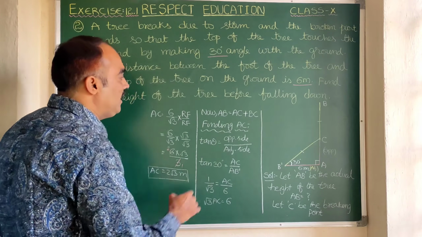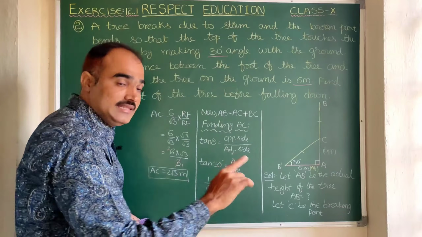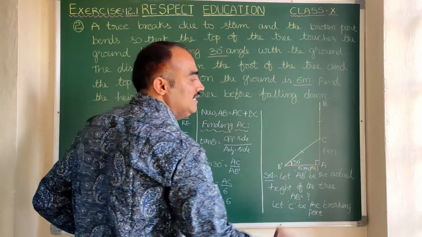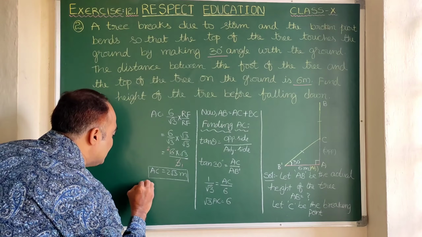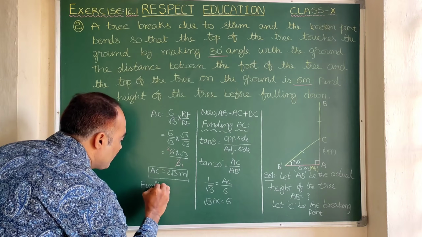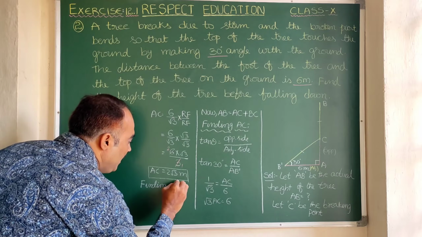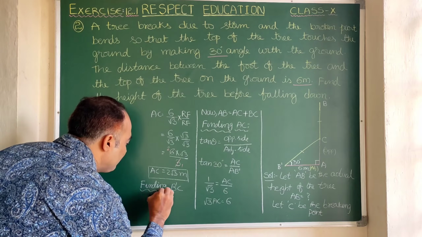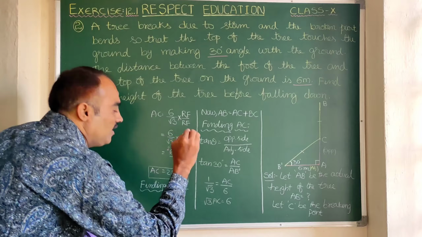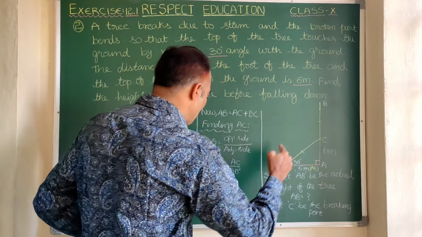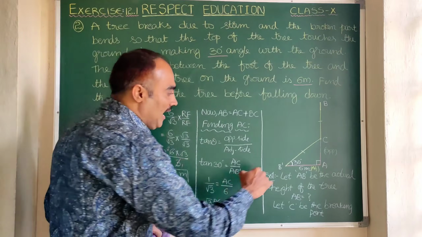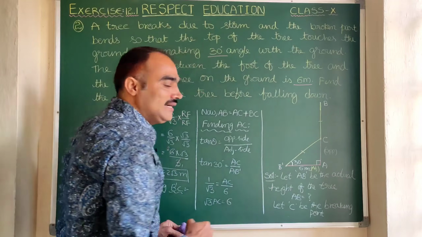Now still we need to find BC, nothing but B dash C. Clear? So here let us write finding B dash C. Now here you see opposite side is known, that is 2 root 3 meters, and adjacent side is also known, that is 6.